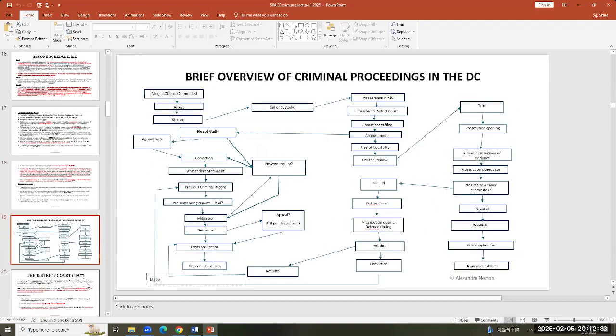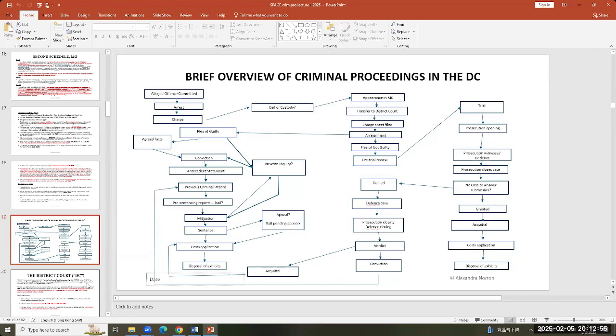District court. Your first appearance for a defendant will have been in the magistrate's court, and then the prosecution may have asked to transfer it to the district court. If that occurs, the charge sheet would be filed in the district court and the defendant will be arraigned, right? Arraigned is basically the same as taking a plea.